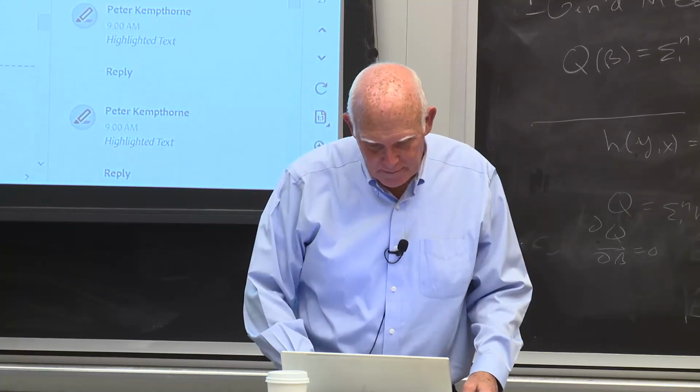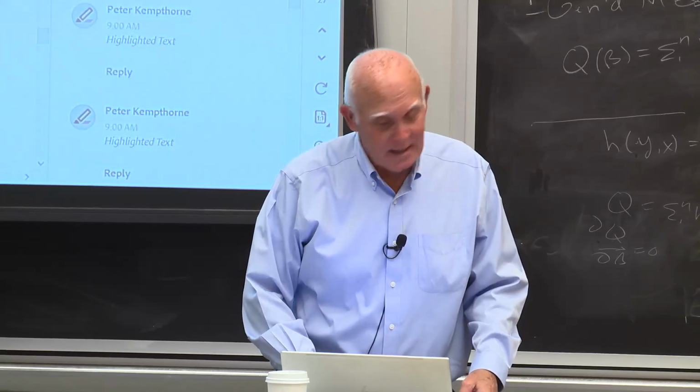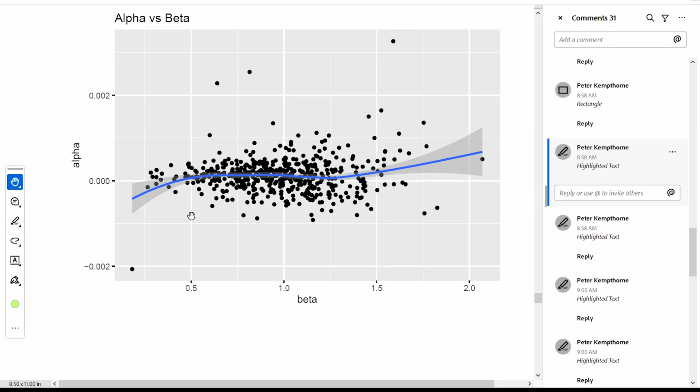Now, one can plot the alpha versus the beta across all the stocks and get this result, which suggests that when you have higher beta, you may get higher alpha as well. And when you have very low beta, maybe the low beta is partly due to a lower alpha potential.